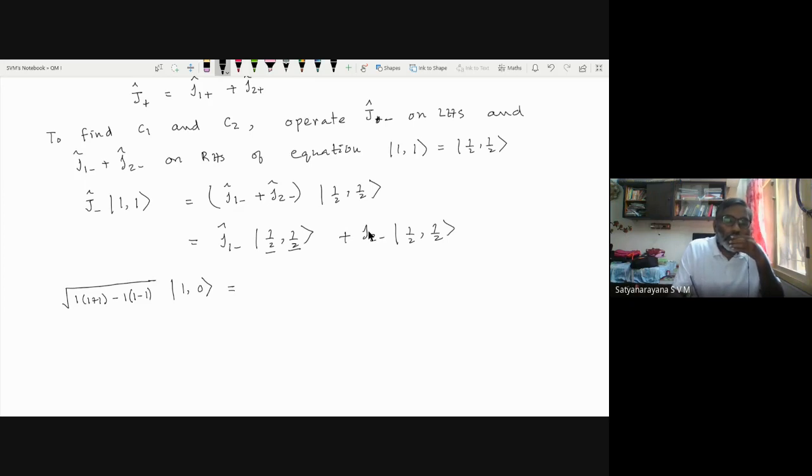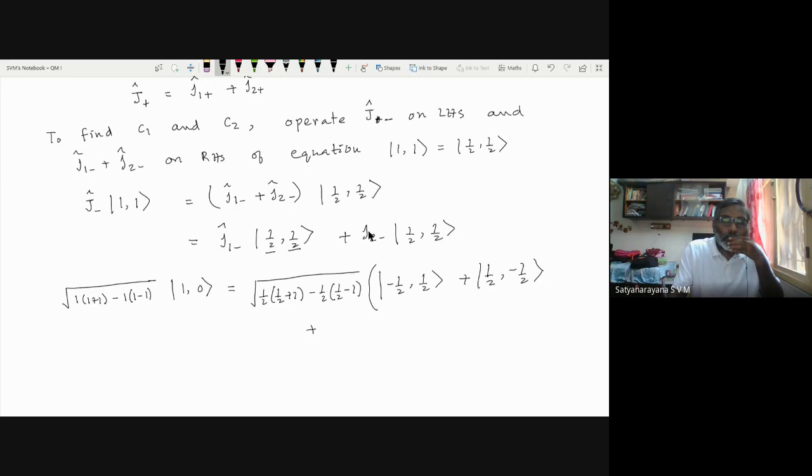So that is equal to, you have square root of half into half plus 1 minus half into half minus 1 into minus half, half, plus, of course it is going to be the same here, half, minus half.